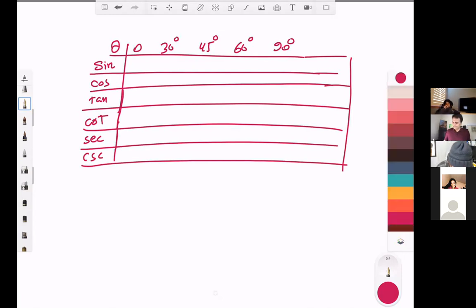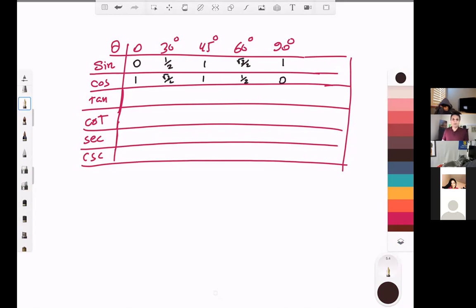Good. Should we fill it up? So sine 0 is 0, 90 is 1, cosine 0 is 1, this is 0, this is 1/2, this is 1/2, this is radical 3/2, this is radical 3/2, this is 1.